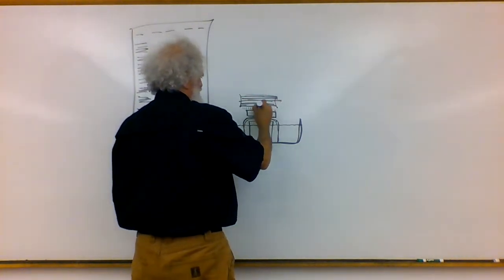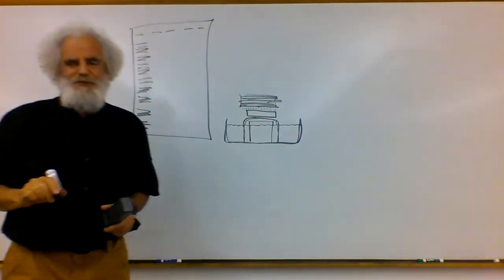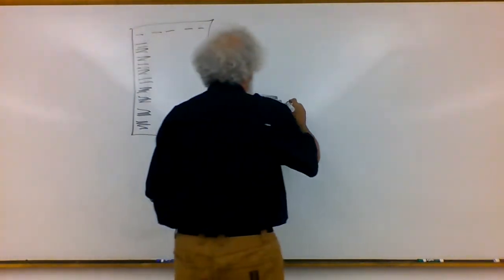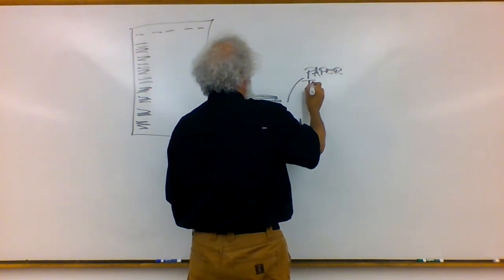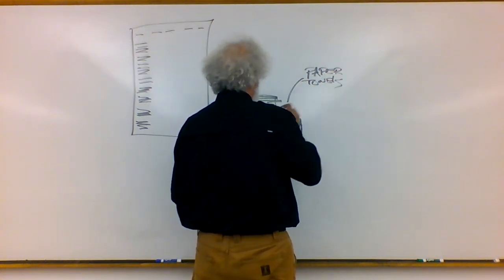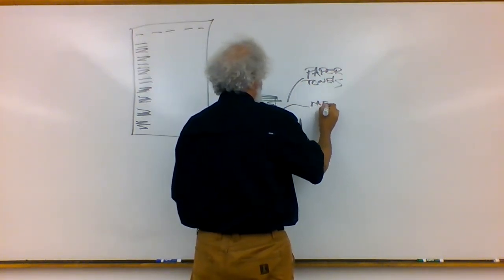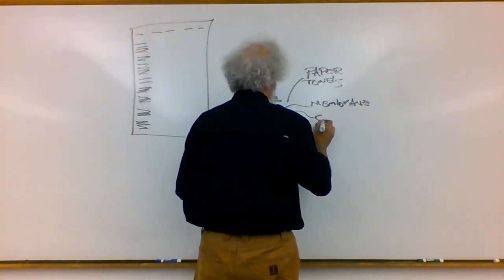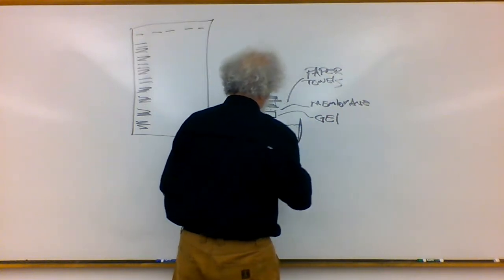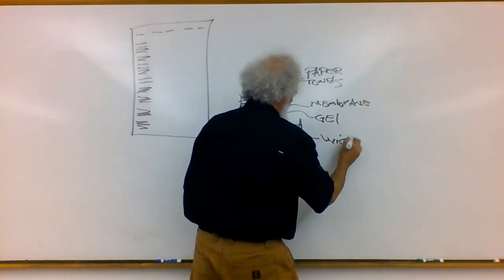This is why molecular genetics labs are always flying through paper towels. So you've got paper towels, membrane, gel, and then essentially a wick.